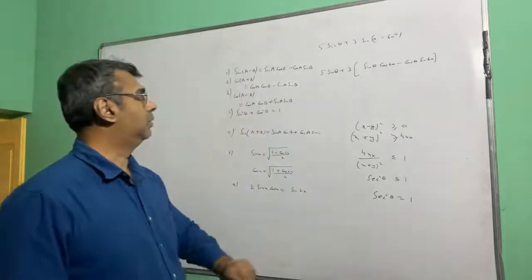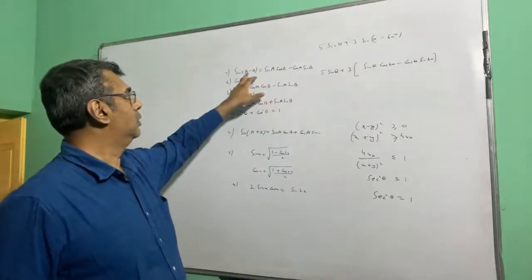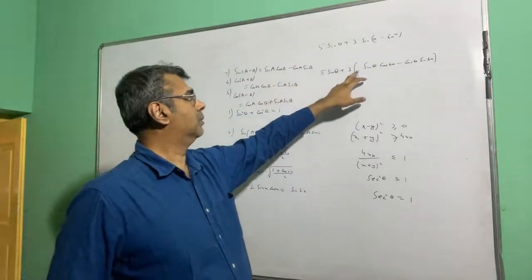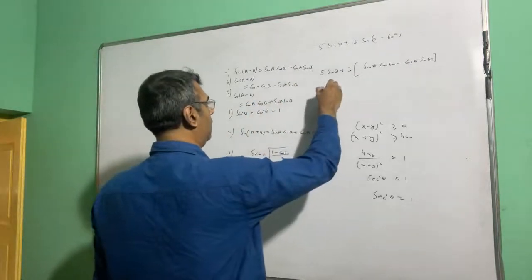Okay, so 5 sine theta plus 3 sine (theta minus 60). I want to use this identity. So 5 sine theta plus 3 into (sine theta cos 60 minus cos theta sine 60).